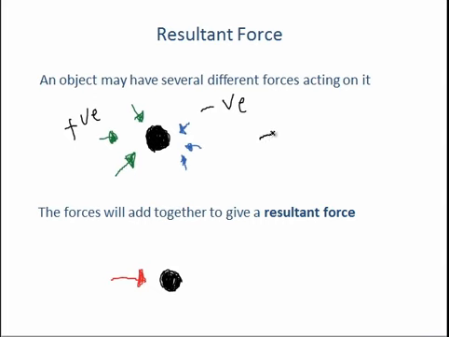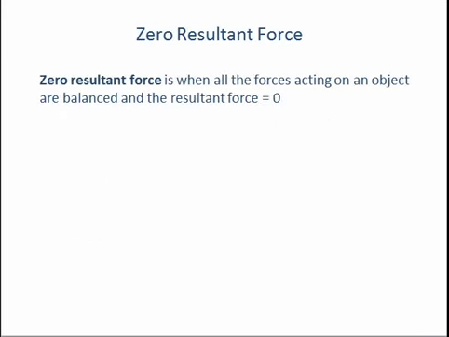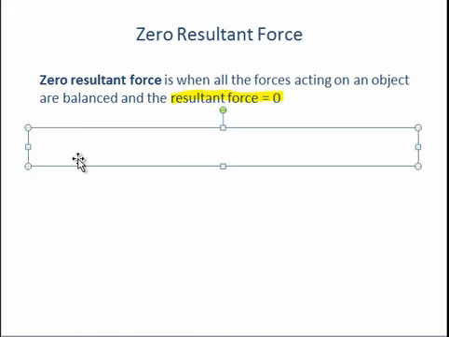Well, you get plus 3 plus negative 3, and we know that when we have a plus and a minus sign, it becomes a minus sign, so the resultant force is 0. So when all the forces acting on an object are balanced, the resultant force is 0, and this is known as the zero resultant force.